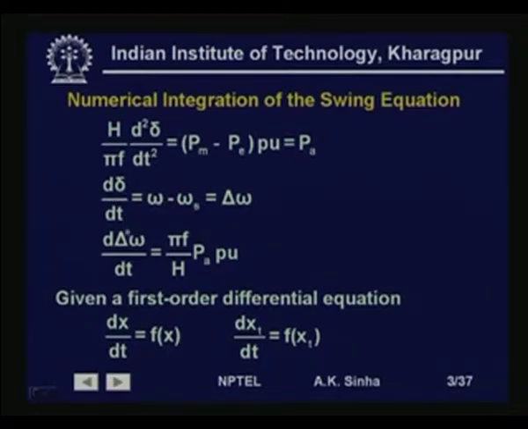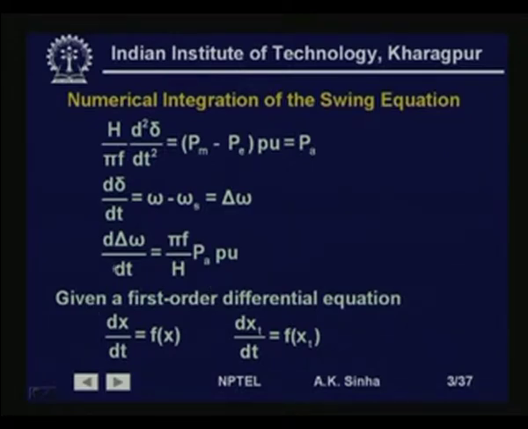The second equation is d delta omega by dt is equal to pi f by H into Pa, because d delta by dt is delta omega. Differentiating it again with respect to time, we get d delta omega by dt is equal to pi f by H into Pa, taking the H by pi f term to this side.